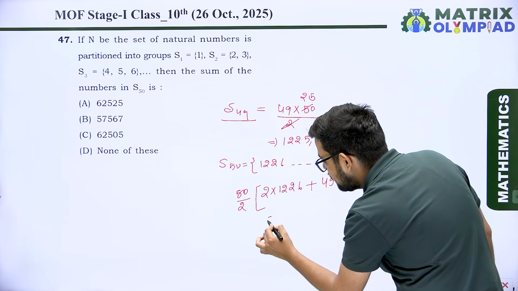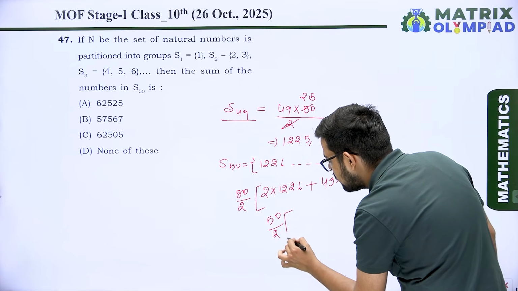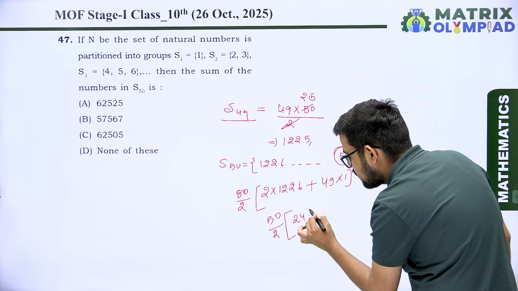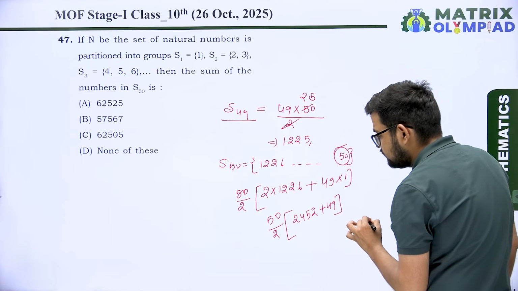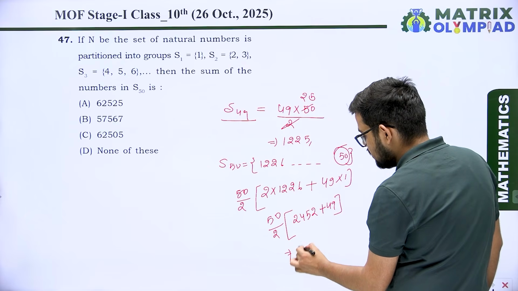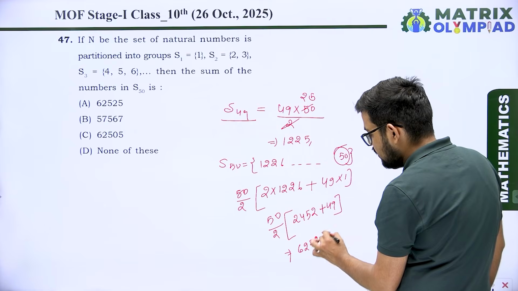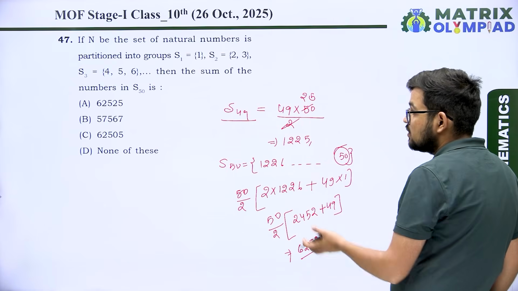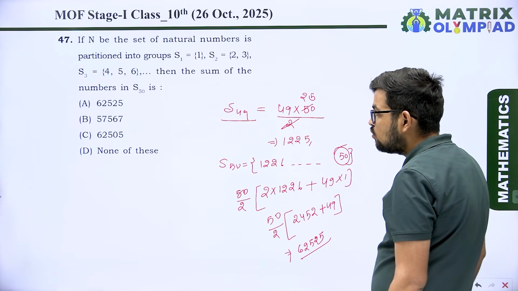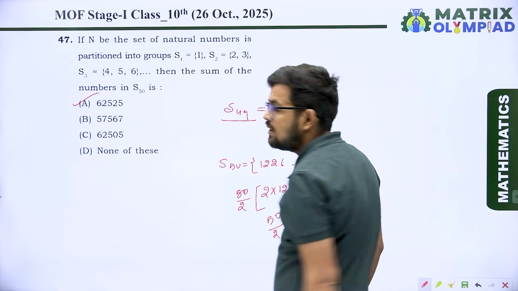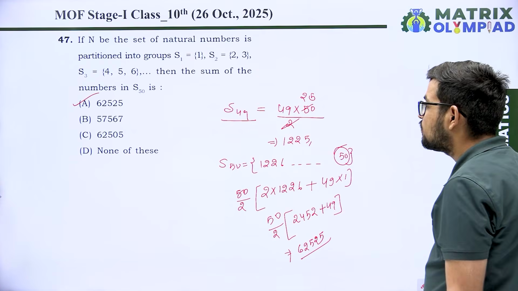So this will be 50 upon 2 into (2452 plus 49), that is 62,525. So the sum of the numbers in S50 will be 62,525. Option A will be the correct answer.